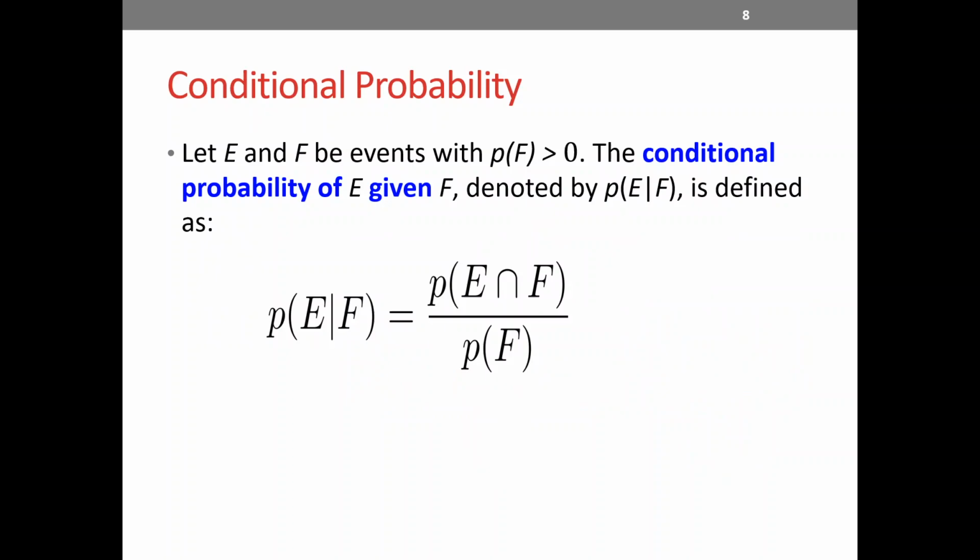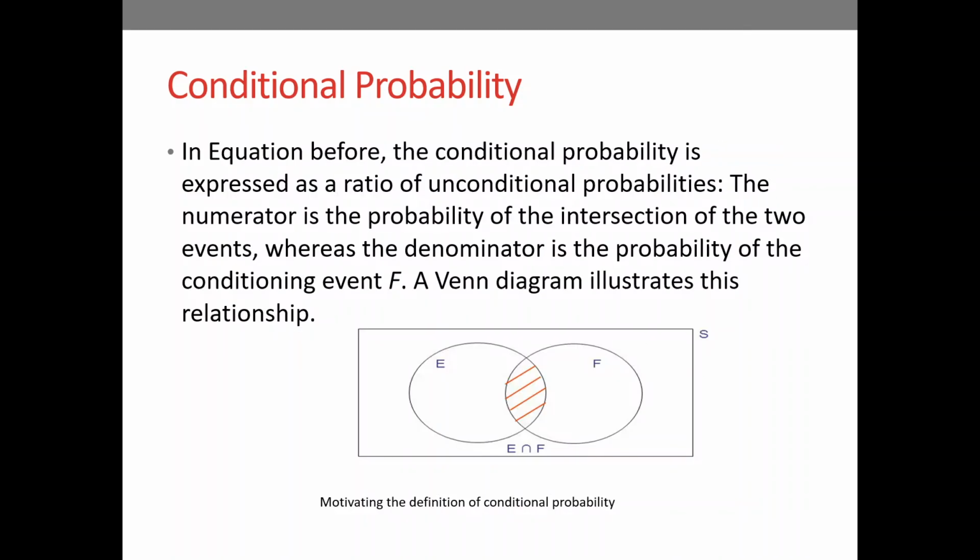E and F are events with the probability of F greater than 0. Obviously, we know that F exists, that it has happened. Then the conditional probability of E given F is denoted by probability of E given F and is defined like this. Let's look at the Venn diagram. Again, this goes back to our student example, but I'm repeating. This is how the equation comes into the picture, because I could shrink my sample space.